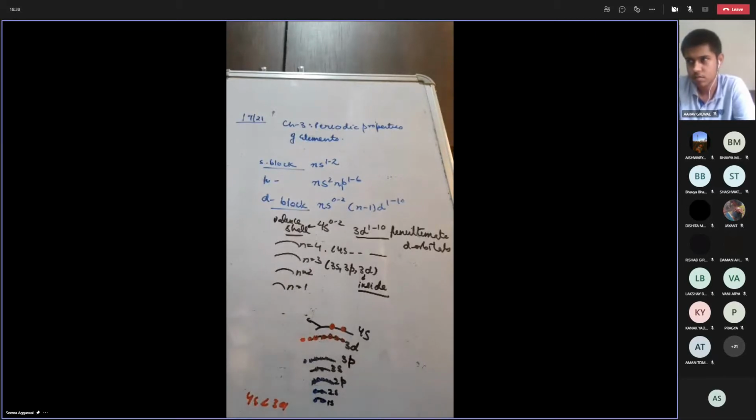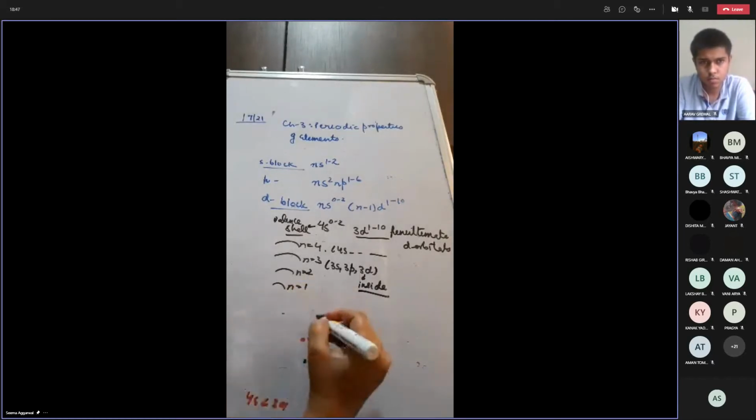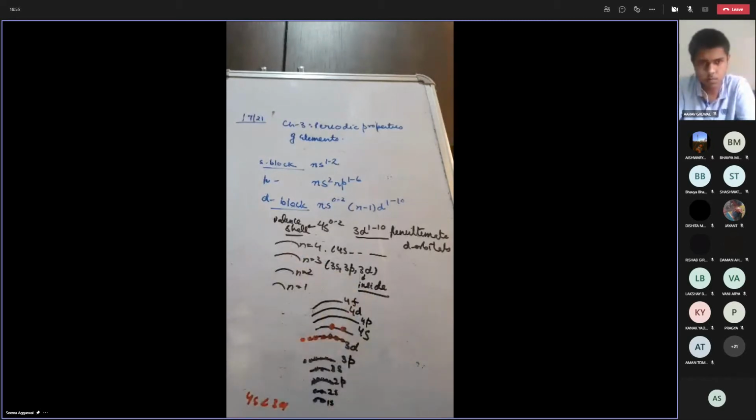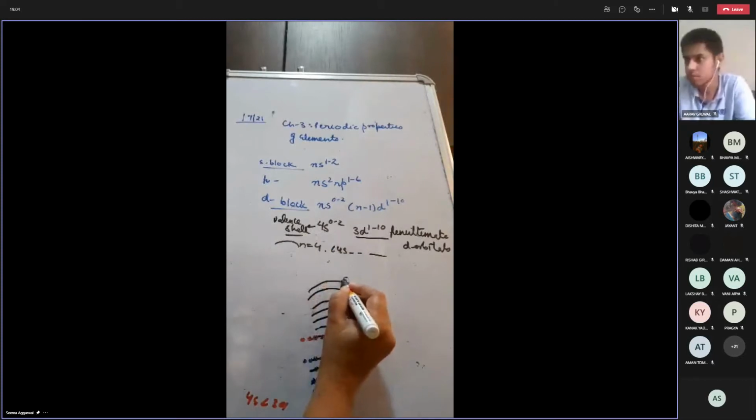Now after 4s, which orbital is there? Beta, I am clarifying a point for the last time. I hope you will remember it. After 4s we have 4p, then 4d, then 4f. Then which orbital will come? 5s. 5s and 5p and so on.